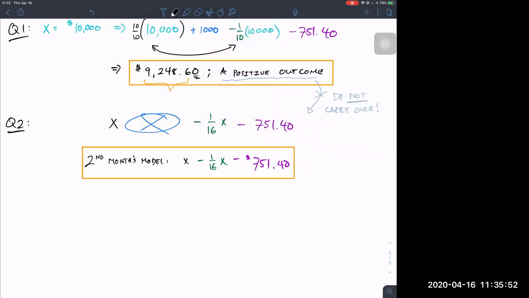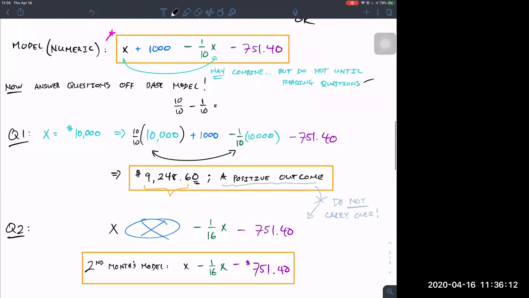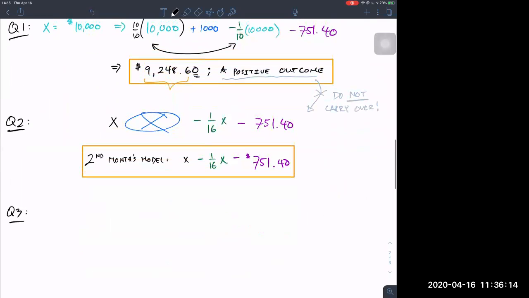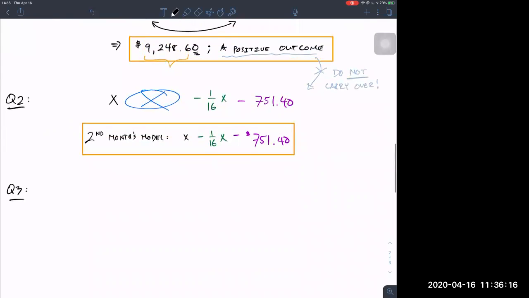As for the third question now, I asked you, what does the model look like now? And again, I haven't explicitly stated anything that has changed, so you assume the same model. Your base was where that pink star was, but now you got a calculation for the second question, and you have this as your new base.